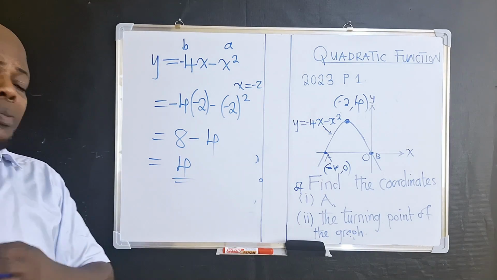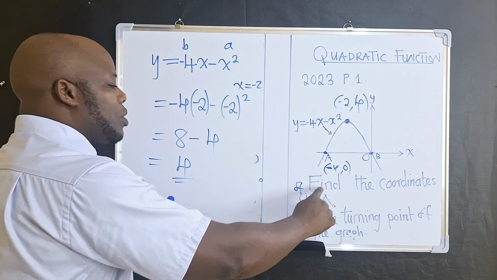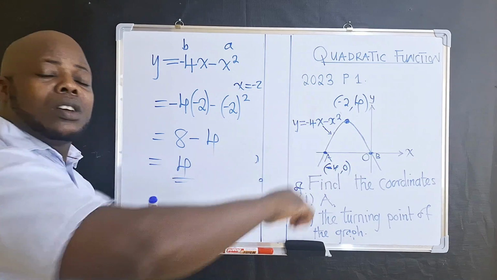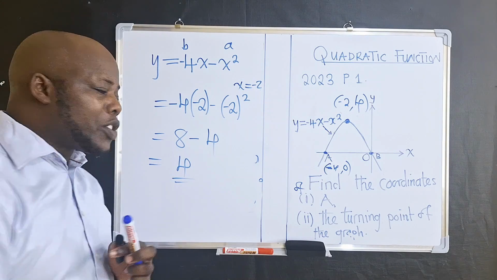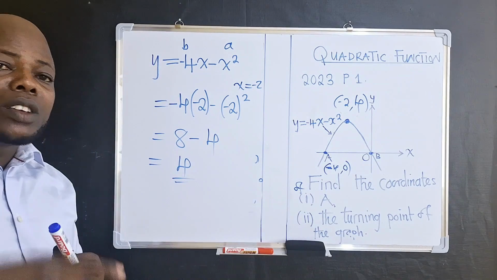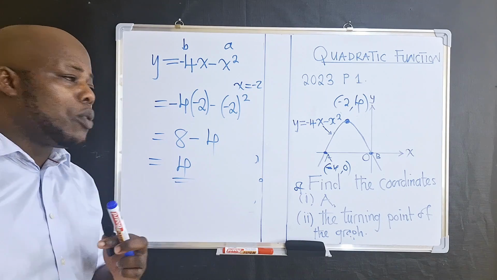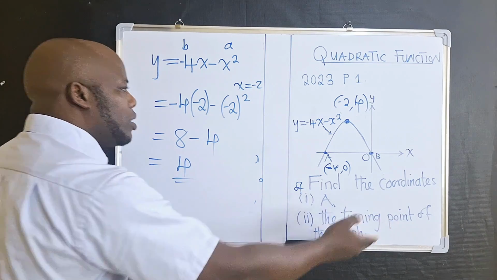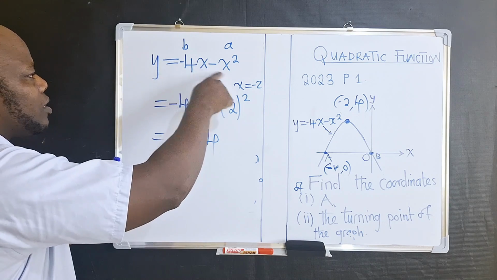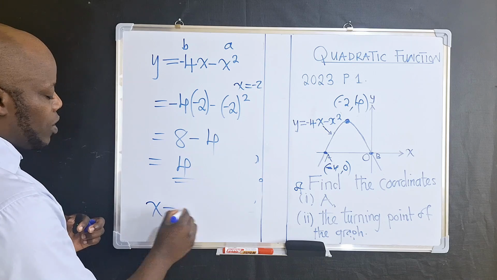Let me just run you through a bit so that you fully understand. When finding the point, we just solve the quadratic equation, for as long as the point you're looking for is along the x-axis. Where there is y, you substitute a 0 and you solve. To find the turning point, you need to use the formula first for finding the value of x, which is this one right here.